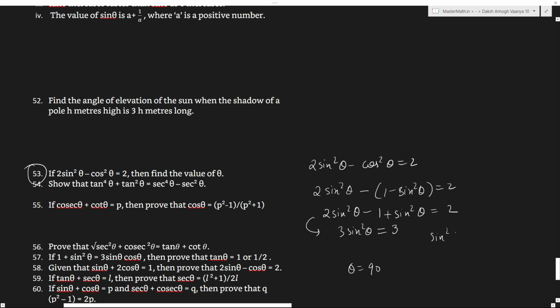So sine square theta is equal to 3 by 3, which is 1. Therefore sine theta is under root of 1, which is 1. Sine theta is 1, so theta is 90 degrees. Naveen, is that okay? Yes. Vanya, you got this?